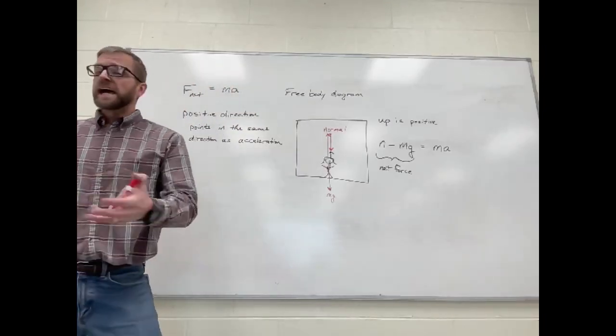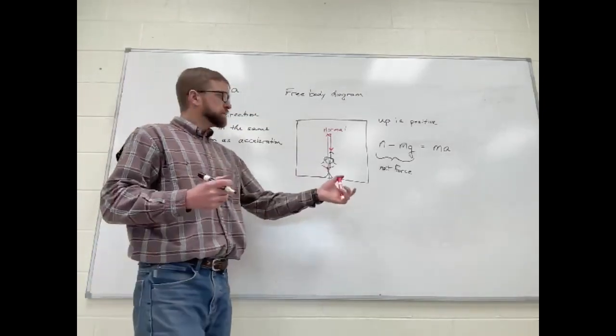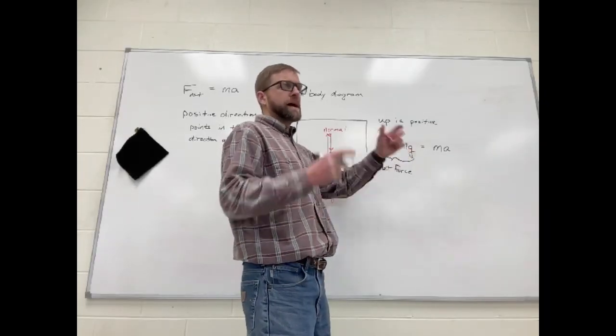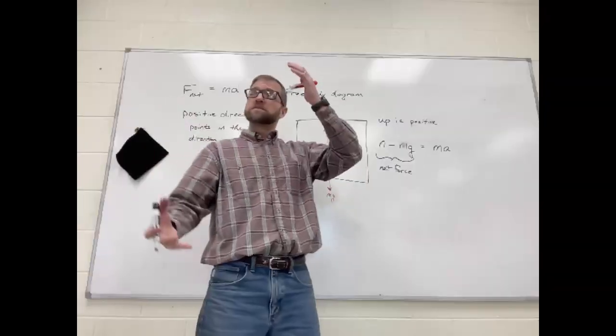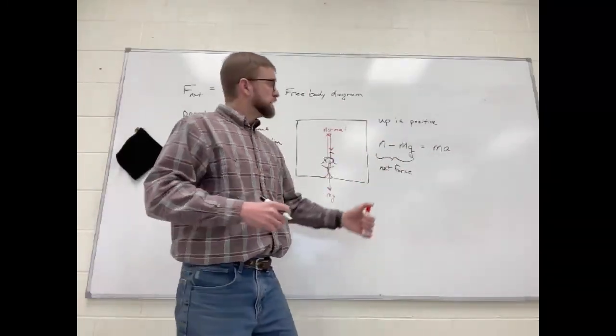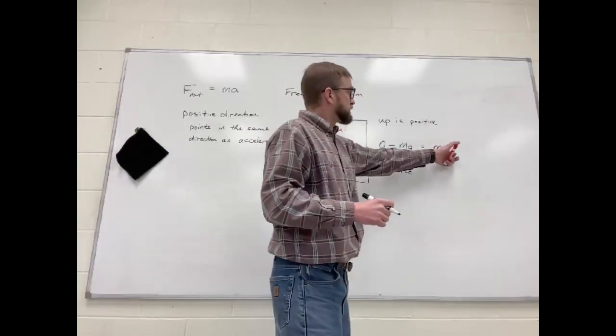So we can add forces together on the left-hand side of the equation, like this. Well, we're subtracting because they're in opposite directions, but if they were both in the same direction, we just add them together. And then that's going to equal mass times acceleration.